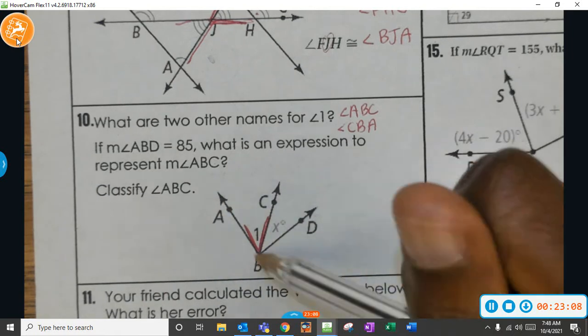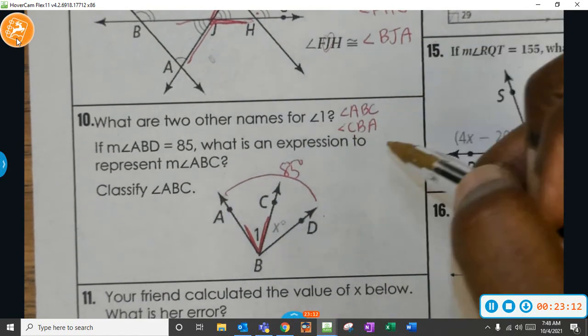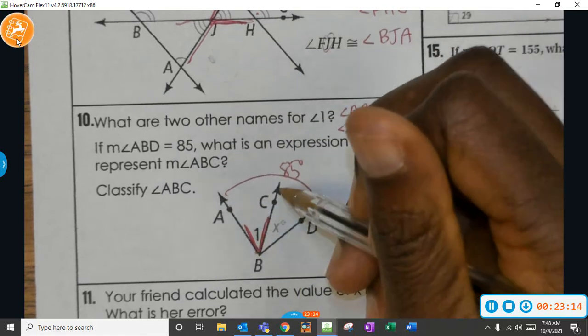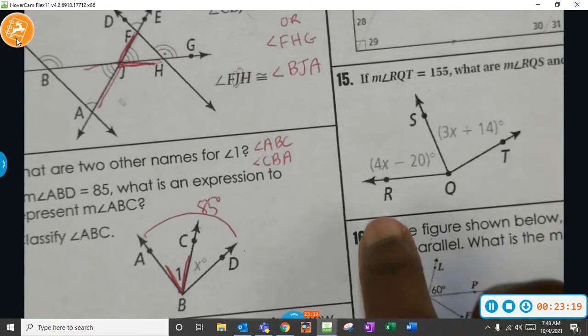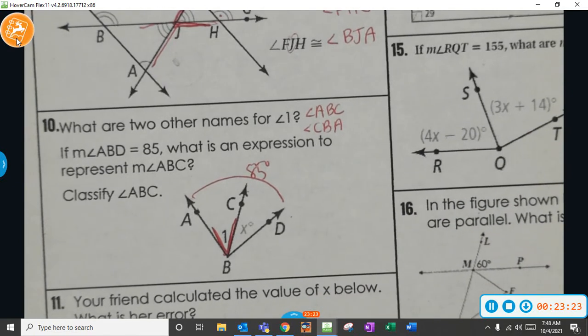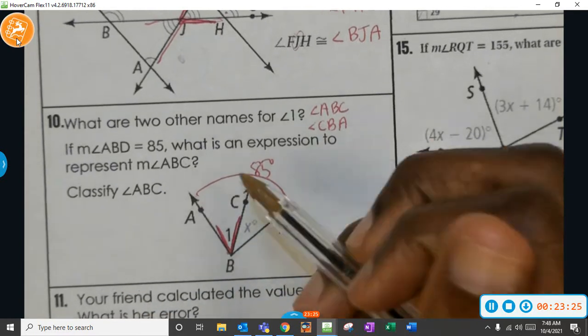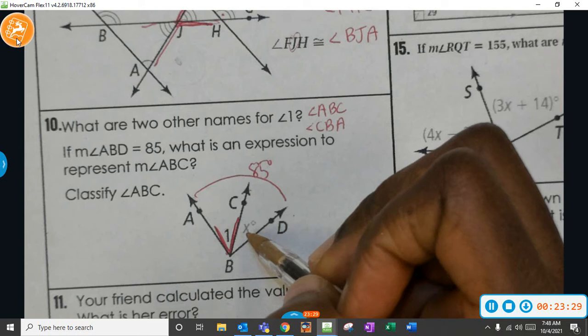If the measure of angle ABD, so the whole angle, is 85 degrees, what is an expression to represent ABC? An expression means you don't have an equal sign, like 4x minus 20 and 3x plus 14. Because we have this as x, it's angle addition.